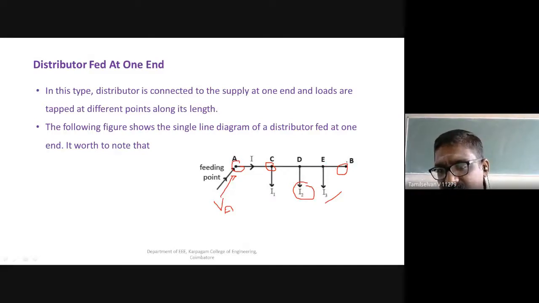Due to the drop, the voltage will not be the same at B. So when the distributor is fed at A, we can calculate the potential difference at point C, D, or E, and based on that, the potential drop at each and every section.